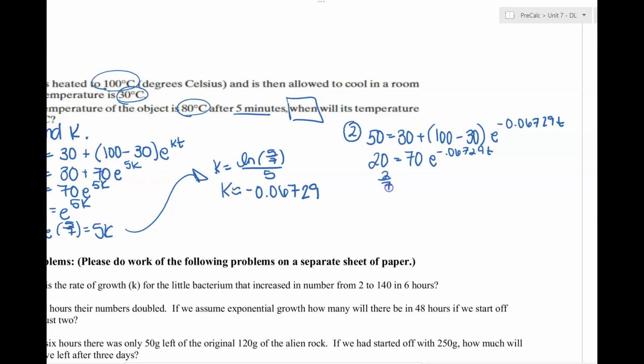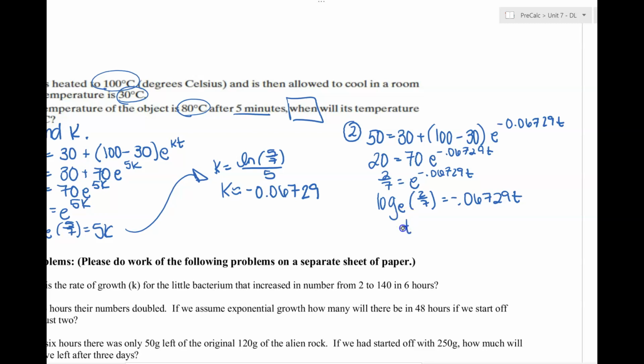So we get 2/7 is equal to e to the negative 0.06729 t power. We're going to have to take the log. So we have log base e of the ratio 2/7 is equal to negative 0.06729 t.